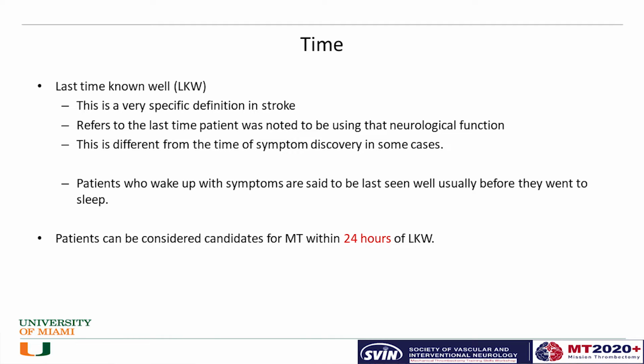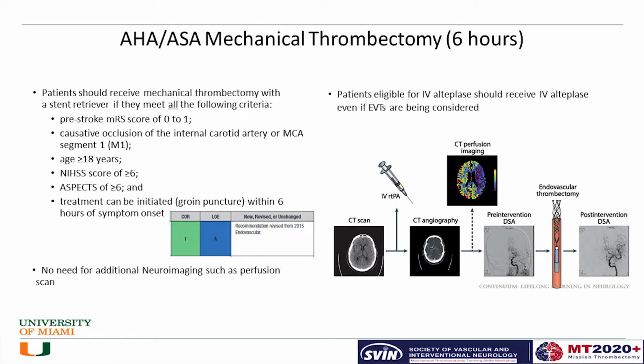Mechanical thrombectomy can be done within 24 hours of last seen well. So the guidelines state that patients should get mechanical thrombectomy if they're within 6 hours of last seen well and they meet all of the following criteria. That is a good pre-stroke functional status.